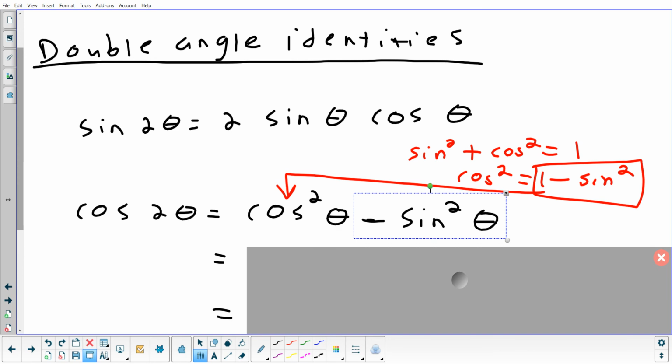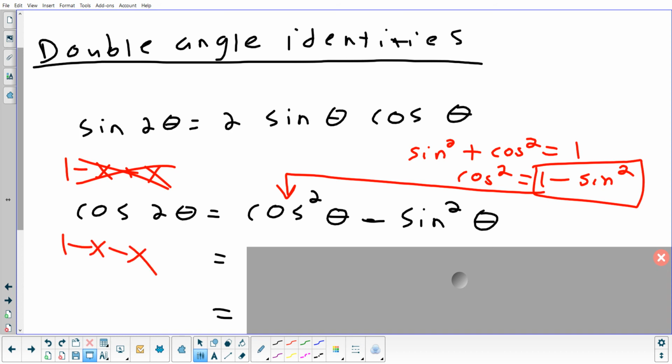It's like 1 minus x minus x. So you'd have 1 minus 2 sine squared theta.